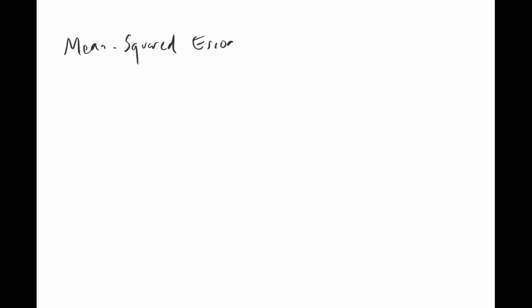I think this is a really valuable diagnostic device, and we're going to be using it throughout the course. So it'll be really important to get a firm understanding of what the mean squared error is. It is the average of the squared errors.